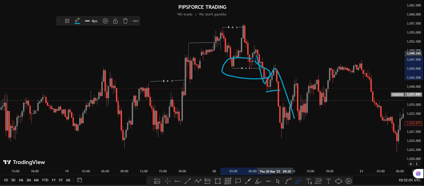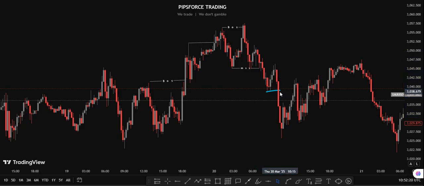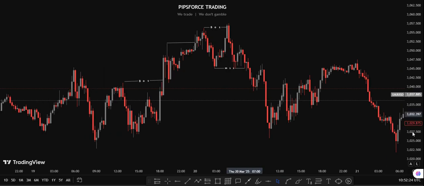You only take a continuation trade. But if you're an aggressive trader who literally understands your chart, you can take both reversal and continuation trades. But more conservative traders will literally want to wait to see the final shift or the final response to a particular movement before they enter the trade.